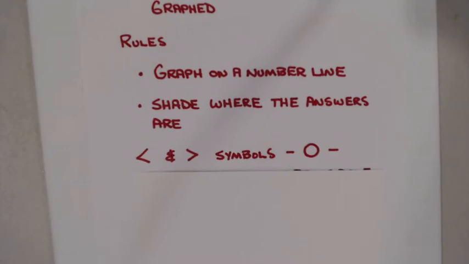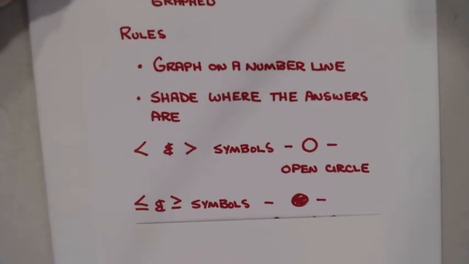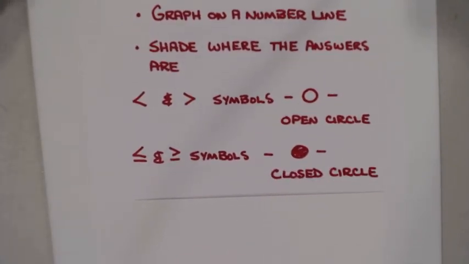But when you have the less than or equal to and the greater than or equal to symbols, you're going to put a closed circle because that number is an answer. So you're going to graph these on a number line. You're going to put the number in the middle. You're going to put an open or closed circle. An open circle meaning that number is not the answer. A closed circle, which is shaded, meaning it is an answer.